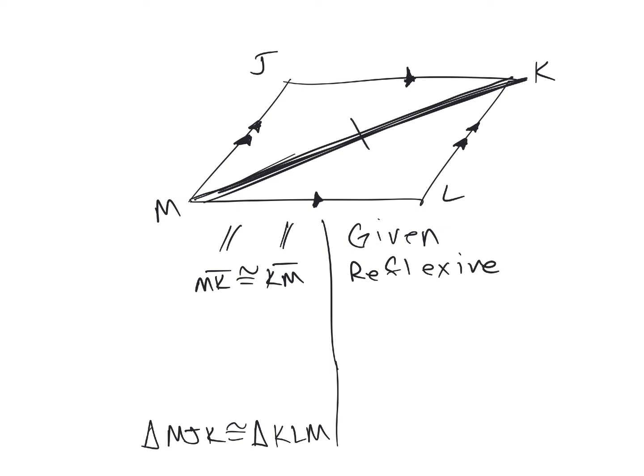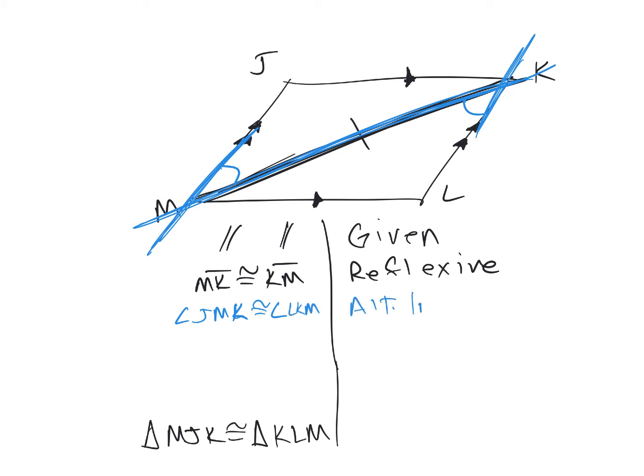All right, so that's one piece. You need two more pieces. For the sake of time, here it is. Parallel lines cut by this transversal means those two angles have to be the same. Angle JMK is congruent to angle LKM. Alternate interior angles. So now you have two pieces.